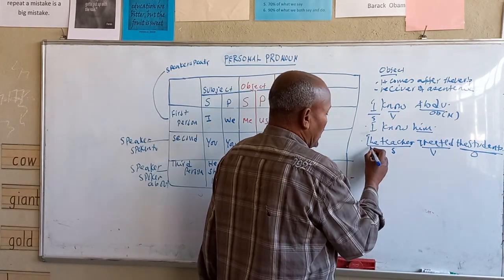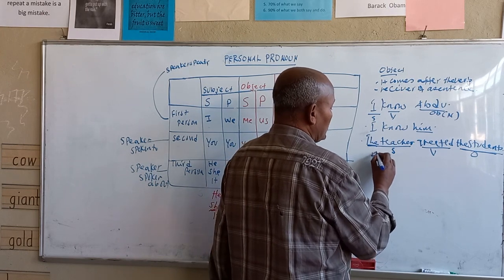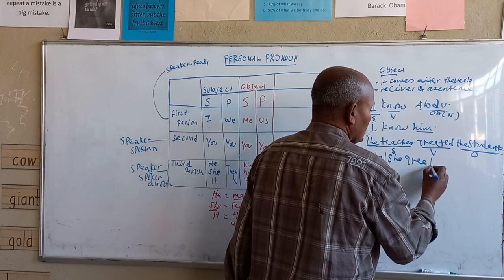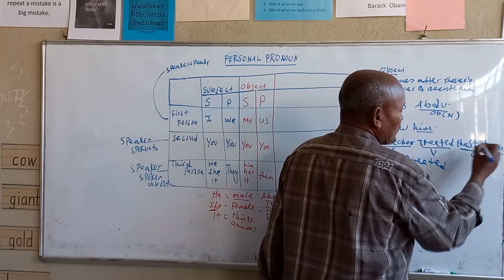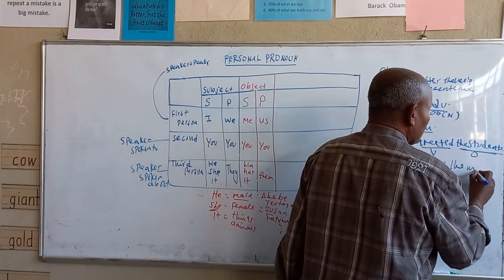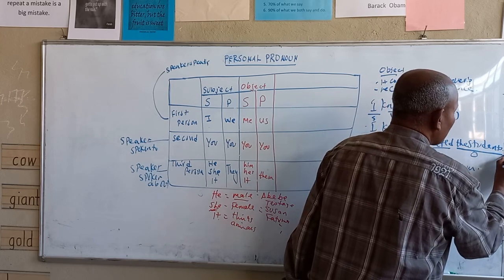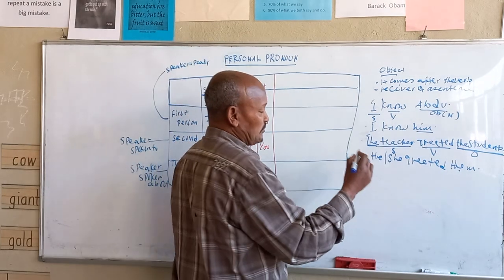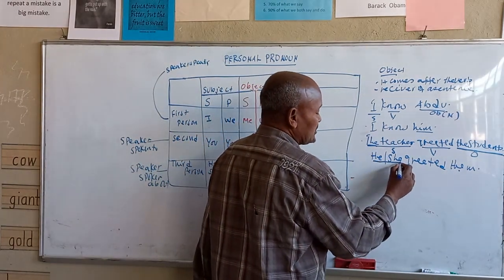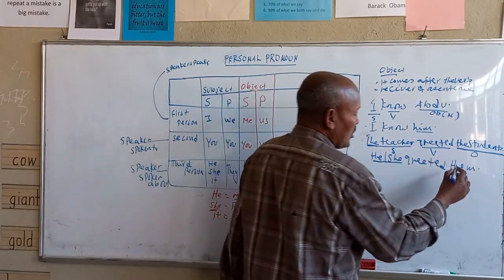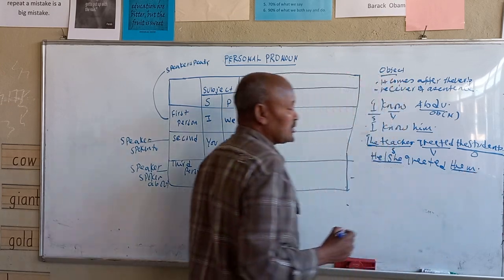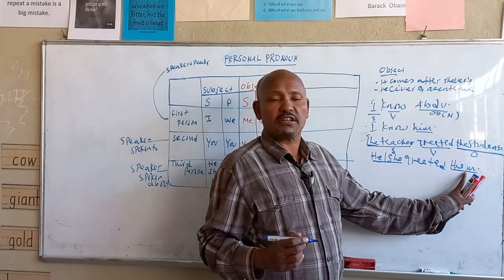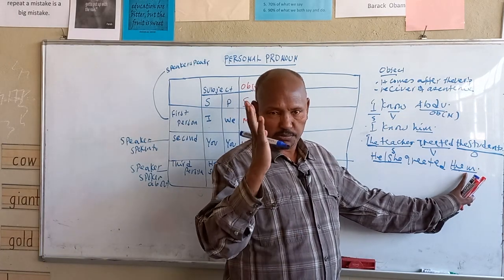I can write the teacher as he, or maybe she if feminine. She graded what? They are plural. She graded them, because of the plurality of the sentence. I want to underline that these pronouns are subjective case, whereas this pronoun, them, is called an objective case, third person plural.